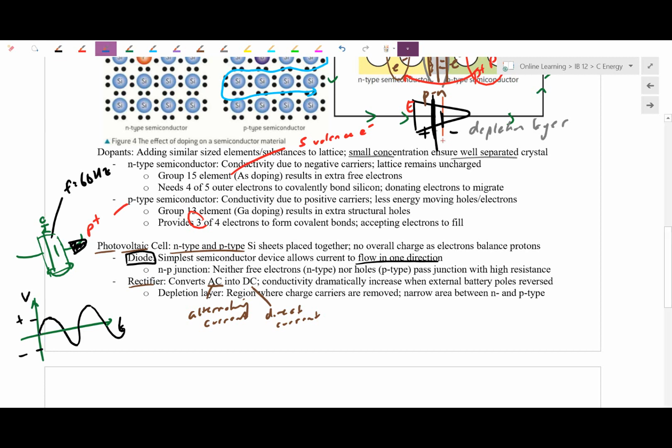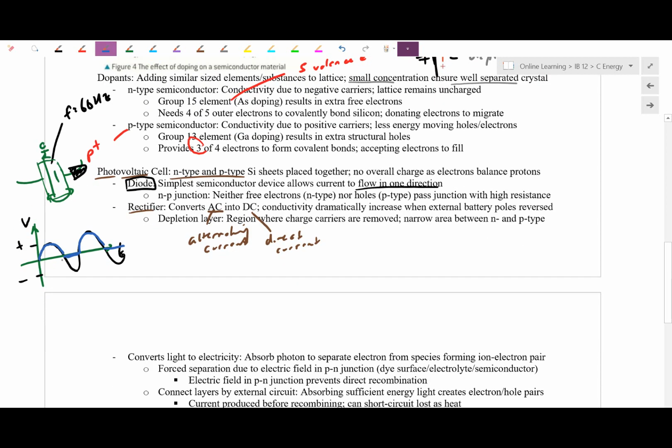Because of the diode, this part still gets through. When the otherwise battery would have been flipped the opposite way, when it's supposed to give me negative charges, it can't go through the diode because it's the wrong orientation. I'm going to get a zero charge there. And then when it flips back, the battery goes back the opposite way. We're going to then get a positive voltage here, and we will very quickly convert what would otherwise have been positive, negative, positive, negative, positive, negative.